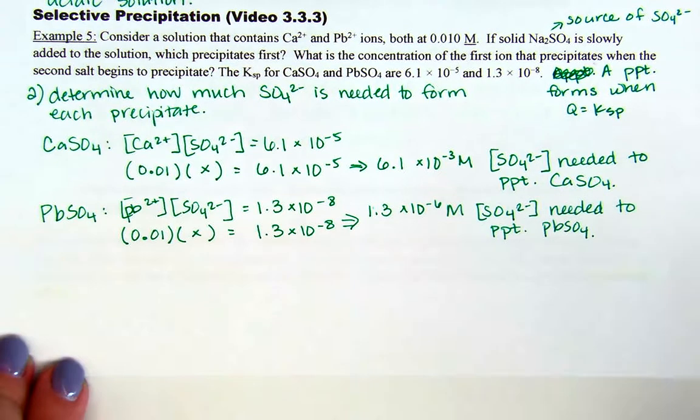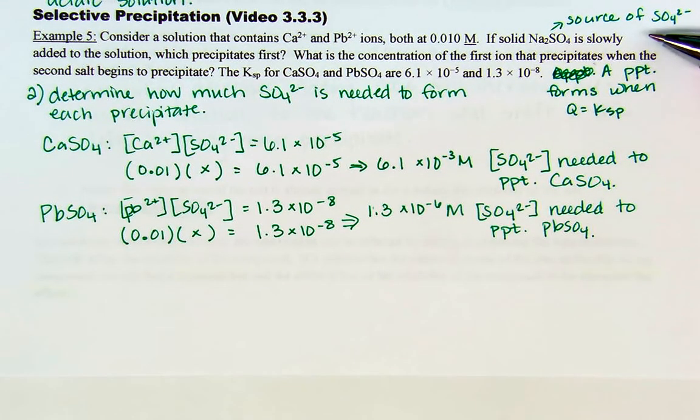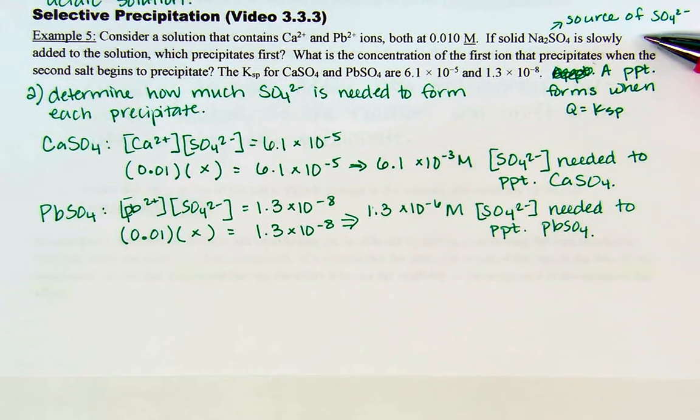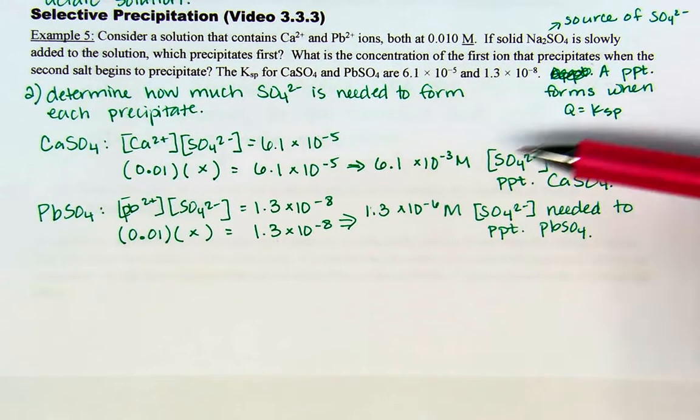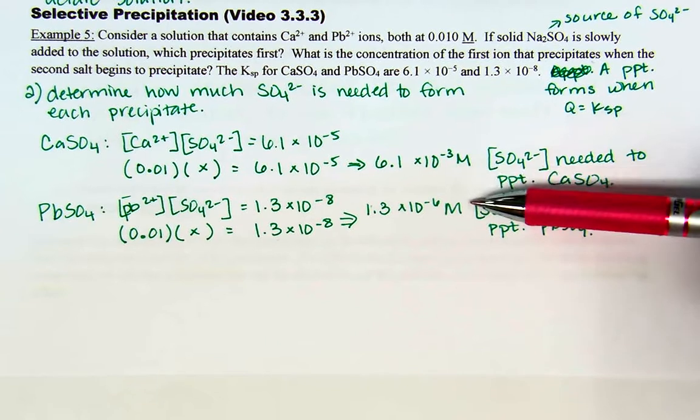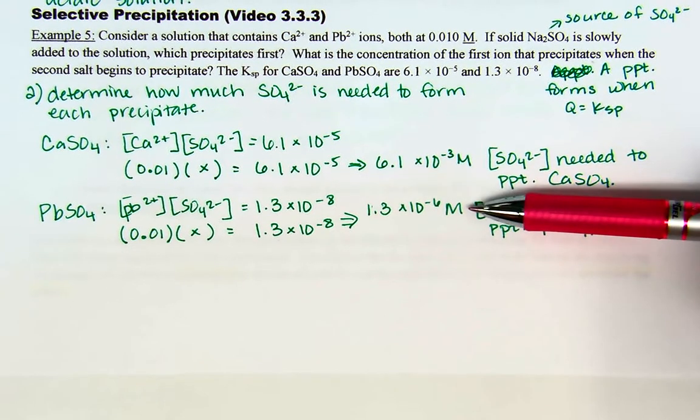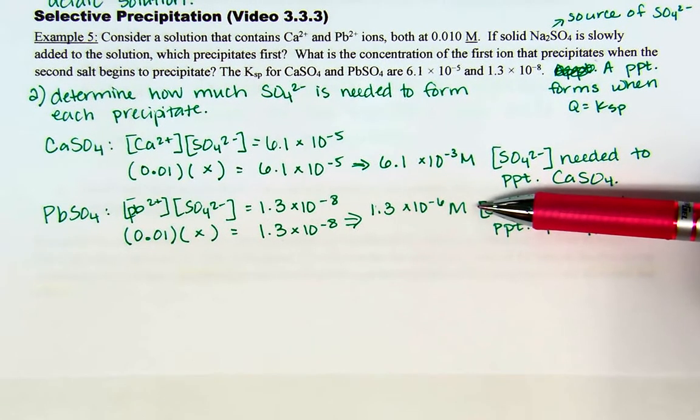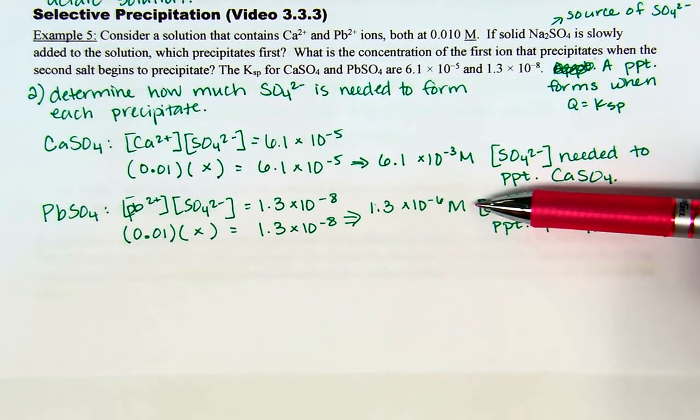So that means if you're adding sulfate here little by little, slowly to the solution, the one that takes less is the one you're going to see first. So which one takes less? It turns out that the lead sulfate actually takes less sulfate in solution until you first start seeing a precipitate.